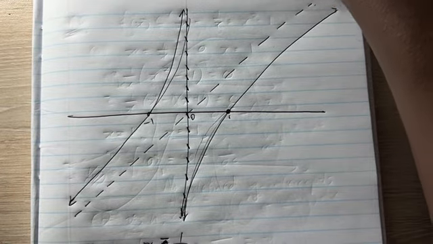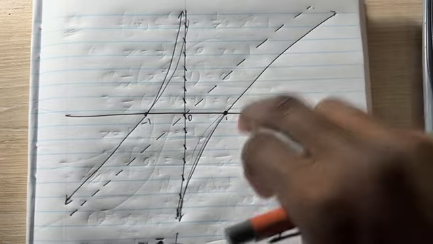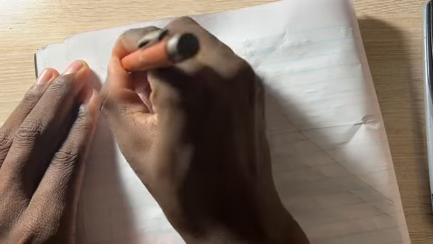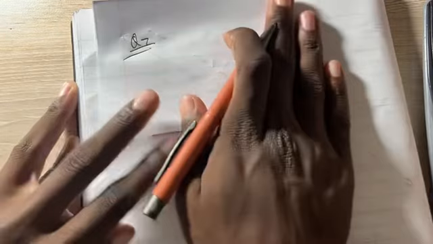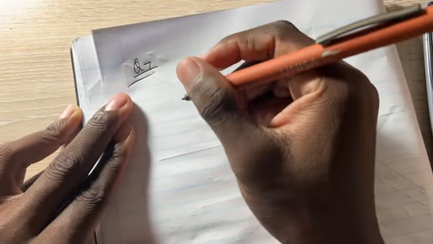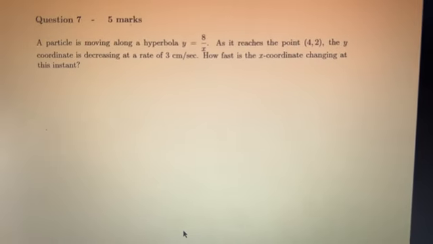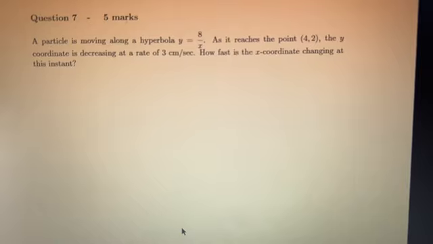Now we're on the last question. Question 7 says: a particle is moving along a hyperbola y equals 8 over x.